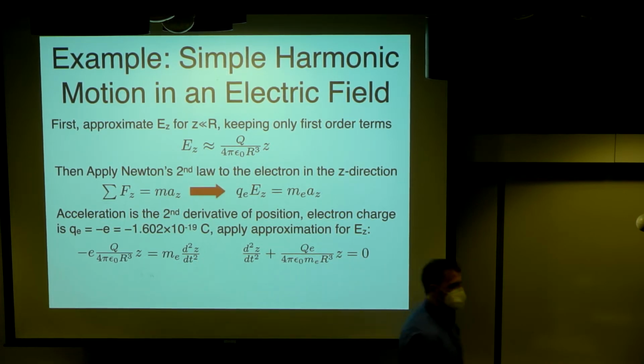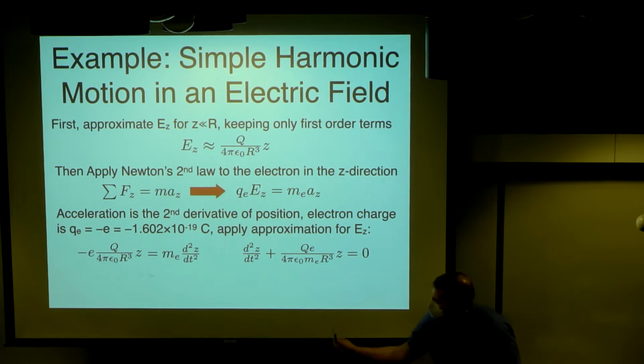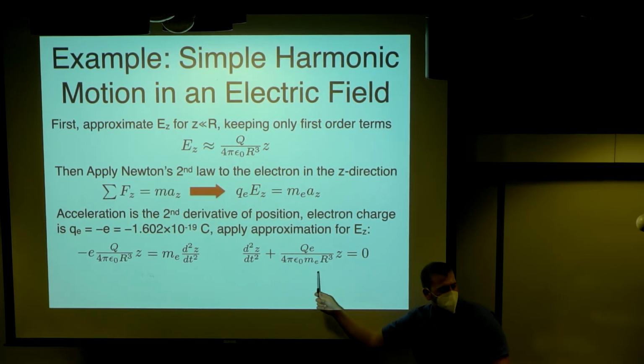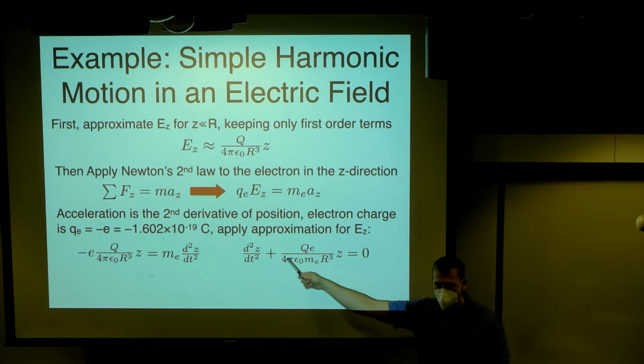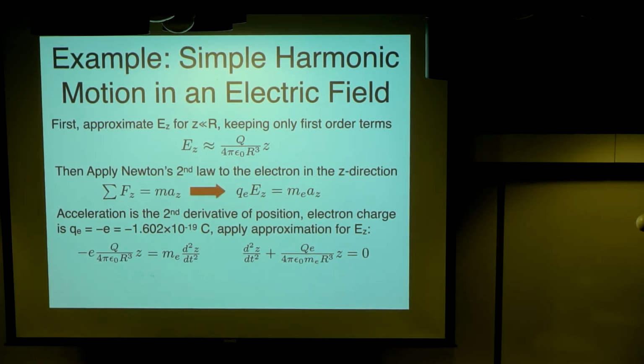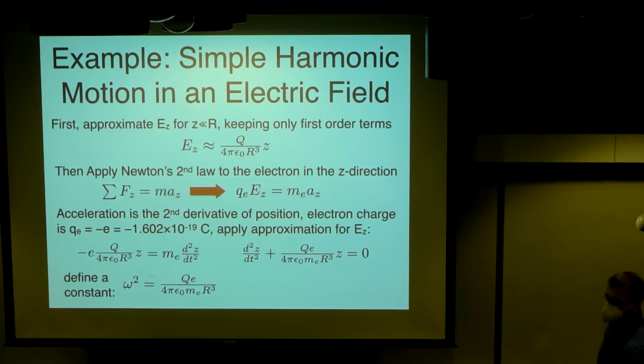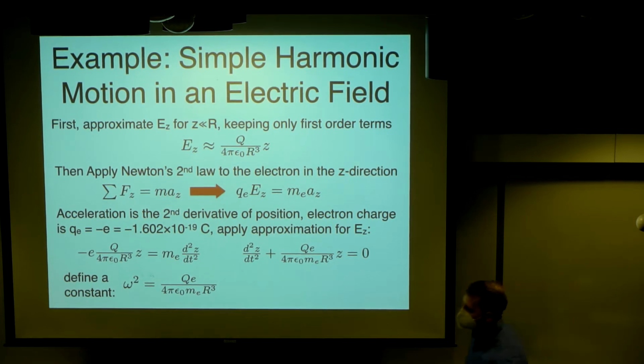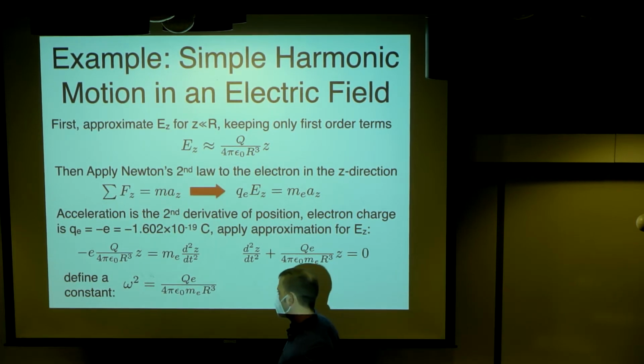Okay, so here's what we're going to do next. I'm not going to keep writing this over and over again. I'm just going to give this a new name so we can label it in a simpler way. I'm going to define a new constant, which is omega. Omega squared, actually, is how I'm going to say it. You'll see why in a second.